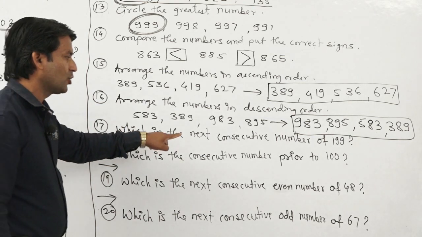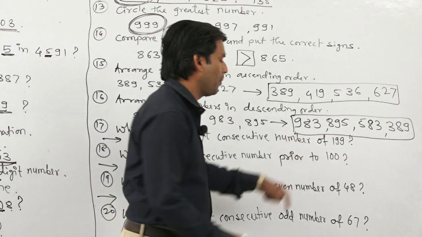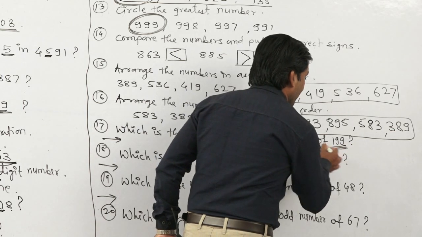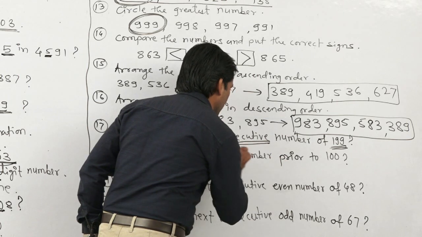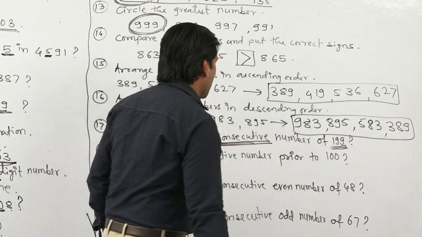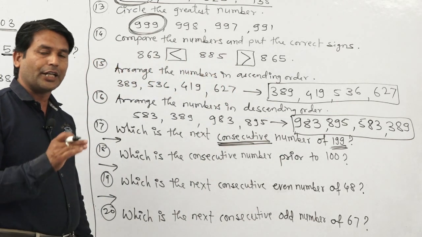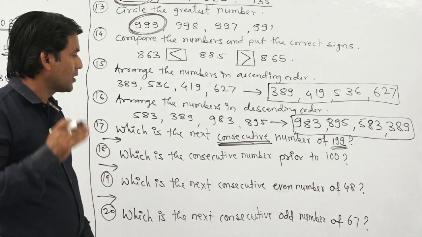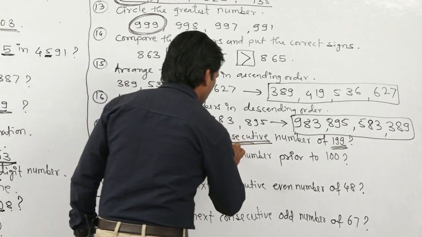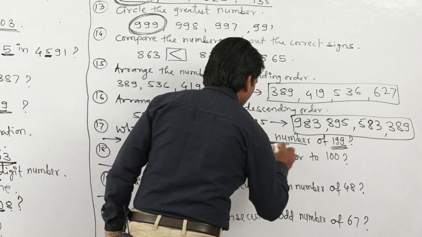Which is the next consecutive number of 199? Friends, here there is one new word for you, consecutive number. Consecutive means the numbers which come continuously or serially. Those numbers are known as consecutive numbers.